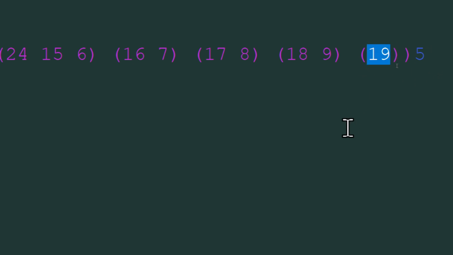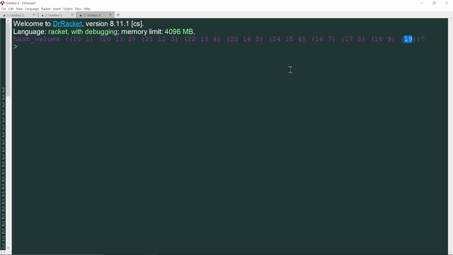Why does 19 not have 10? What happens if I use input of 19?